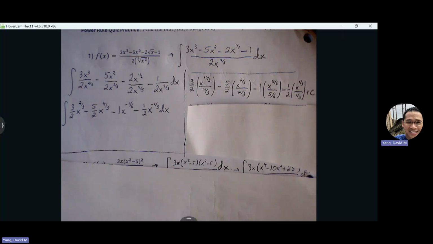So the 3/2 is going to just hang out in front. The 7/3 is what's getting impacted. 10/3 over 10/3. 4/3 becomes 7/3 over 7/3. Negative 1/6, we add 1, which is 6 over 6, we get 5/6 over 5/6. Negative 2/3, 1/3 over 1/3.